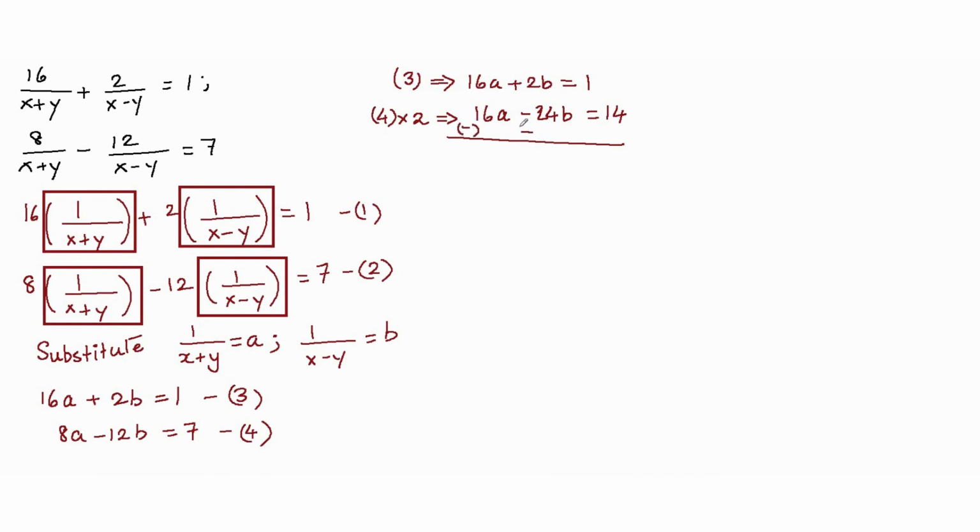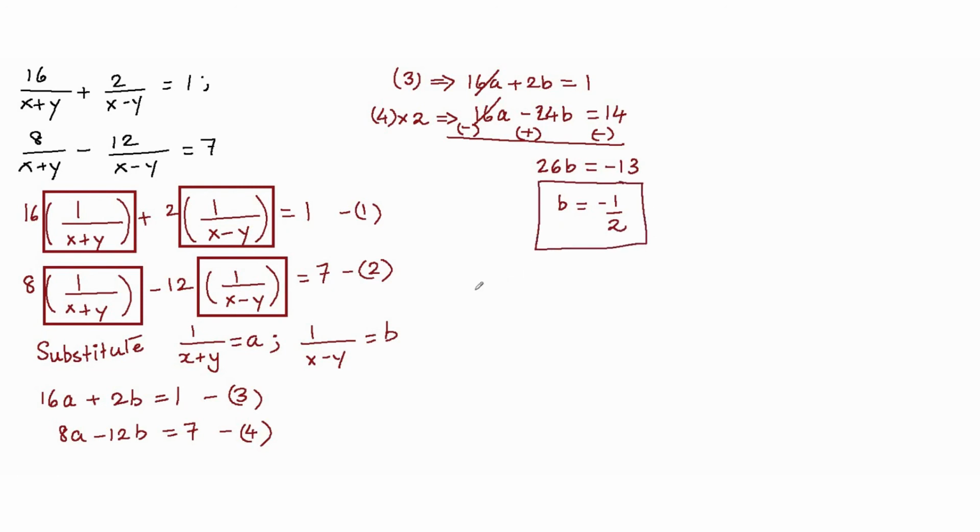Let me subtract these two equations. When I subtract, the signs of the second row get flipped. So 16A minus 16A cancels. 2B plus 24B is 26B is equal to 1 minus 14, which is minus 13, which means B is equal to minus half.